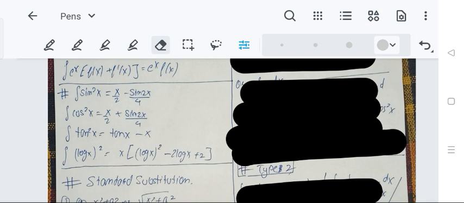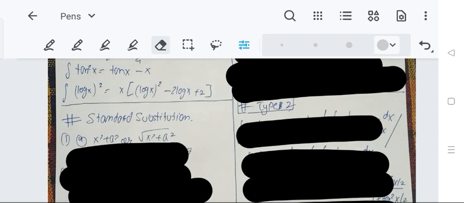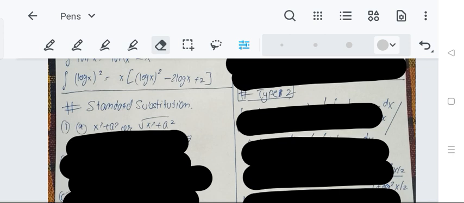I have just written for JEE Advanced and Olympiad students: x times log x square minus 2 log x plus 2. Then some of the standard substitutions.